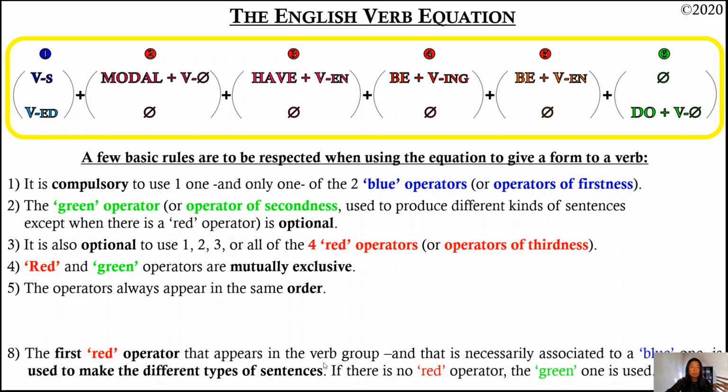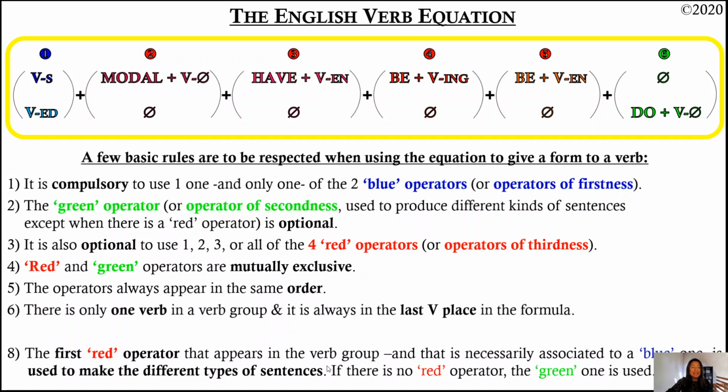Another important point that we have already made is the fact that these operators always appear in the same order, which is what makes the equation possible, because it's always the same symbols, the same operators that always appear in the same order. And as you can see, in the equation, there are lots of V places.